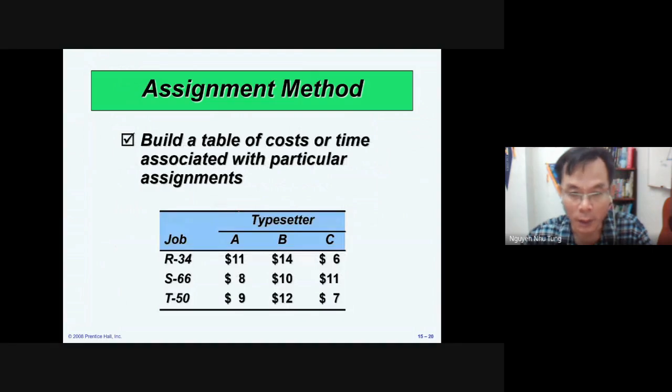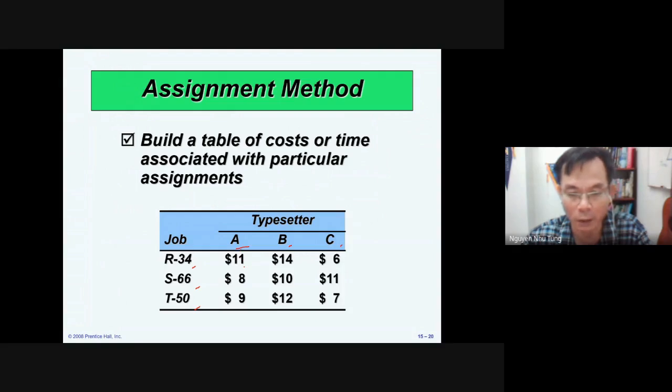Suppose you already got the table of the cost or the time associated with particular assignments. In this data table, you see there are three resources A, B, and C, and the list of the jobs. And you also know how much it costs each resource to complete a job.